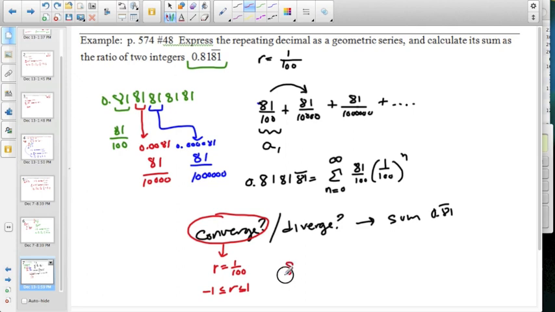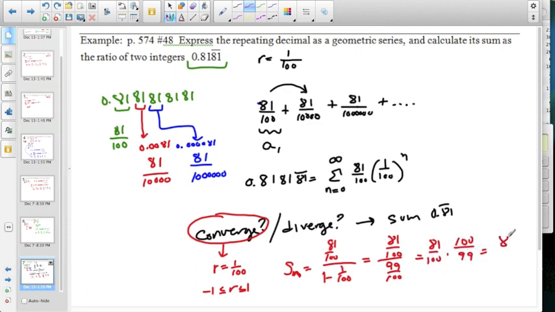If we wanted to find a sum just to convince ourselves, we could say, well, A is 81 over 100, and R is 1 over 100. So we have 81 over 100 divided by, this is 99 over 100. And so that's the same as saying 81 over 100 times 100 over 99.